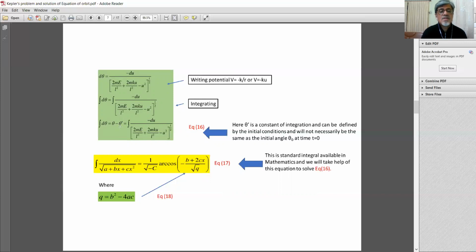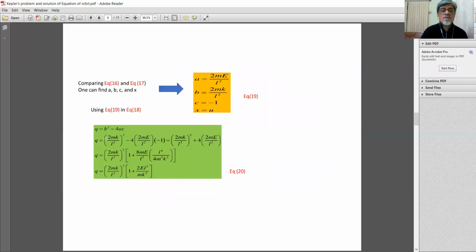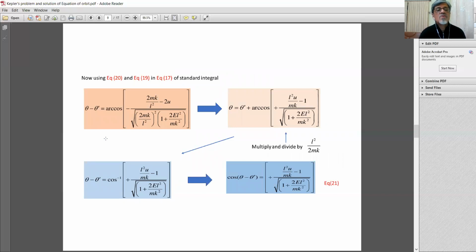So theta minus theta prime, this is the left hand side of the integral. So again using equation number 20, equation number 19 and equation number 17, the left hand side is evaluated, it is equal to theta minus theta prime.